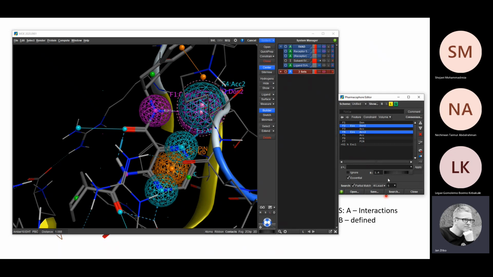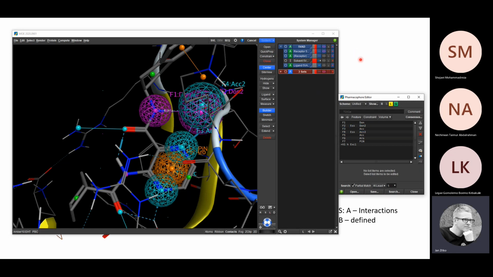Now, when we have set it up like this, it means: search for ligands, I'm quite happy if the ligands you fetch me do not fit all 8 features. It's enough to fit 5, but at the same time, I insist that feature 2 and feature 4 are always satisfied. So this is just an example of how you can work with these pharmacophore models and how you can modify the models to get a reasonable amount of hits using your search.